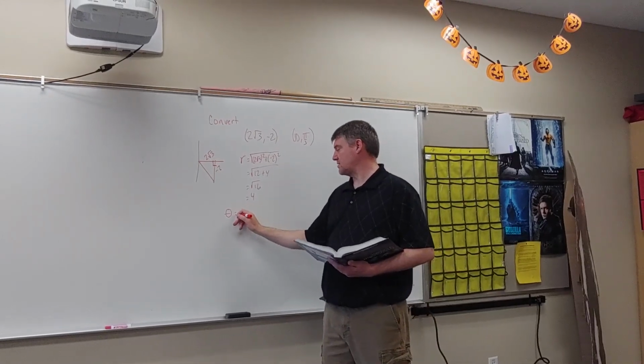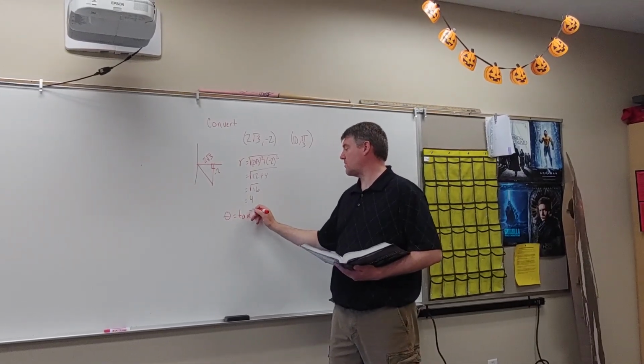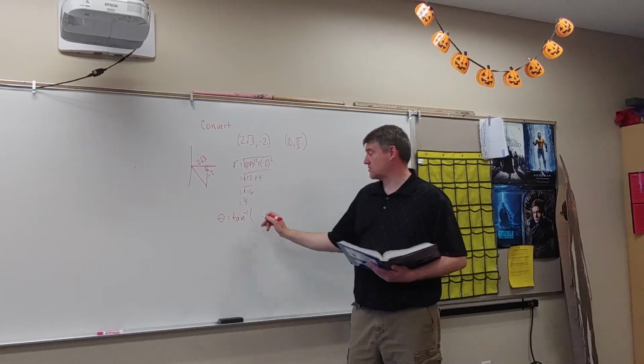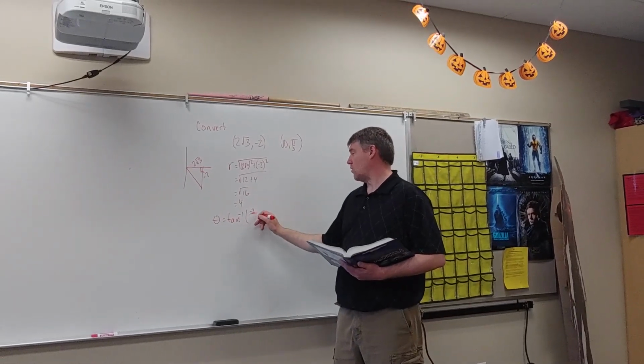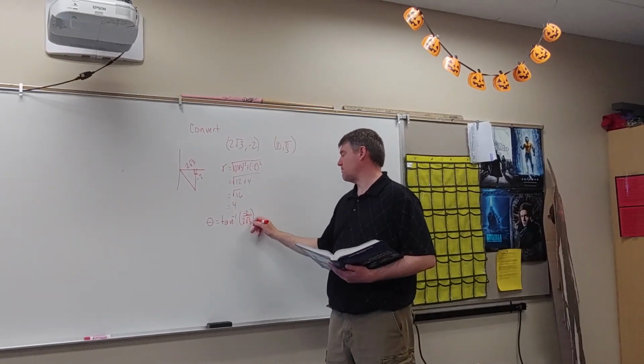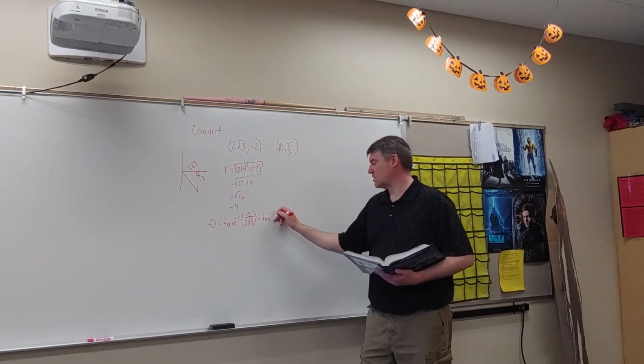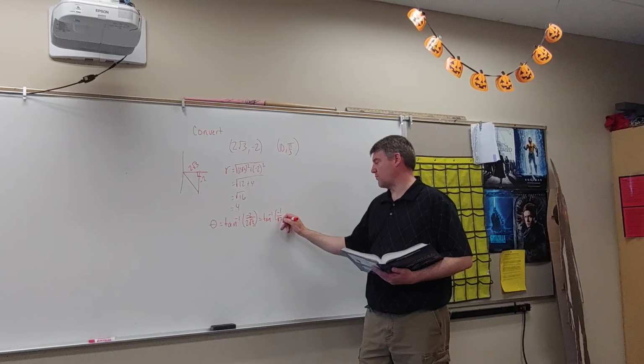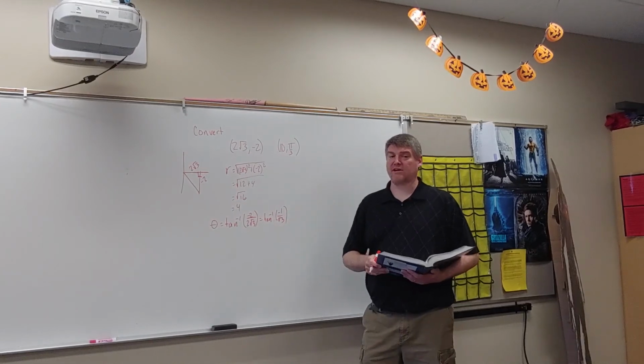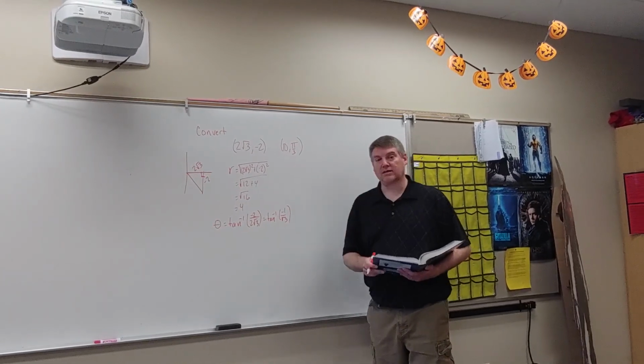So theta is equal to tangent inverse of y over x. So negative 2 over 2 square roots of 3, which gives me tangent inverse of negative 1 over root 3. Now you probably don't have that in your radian conversion table.